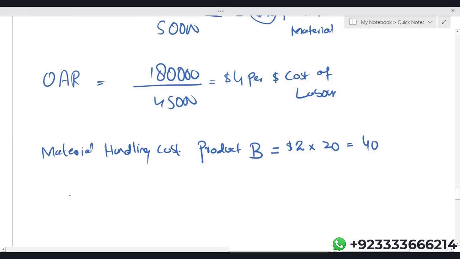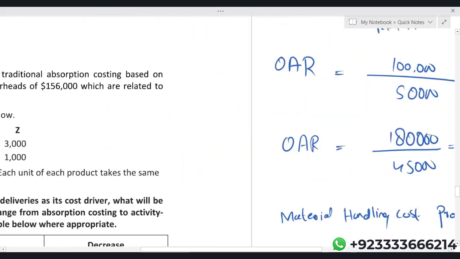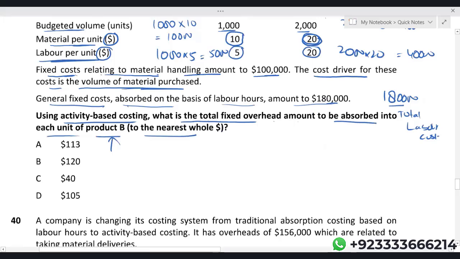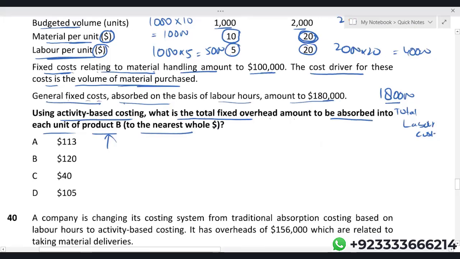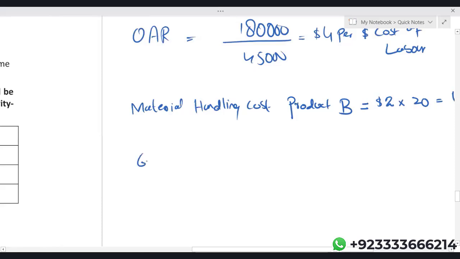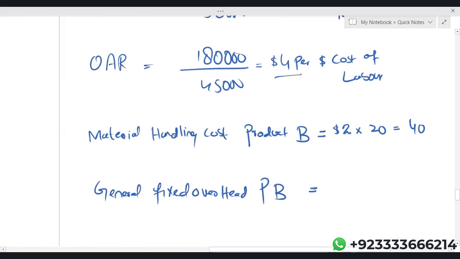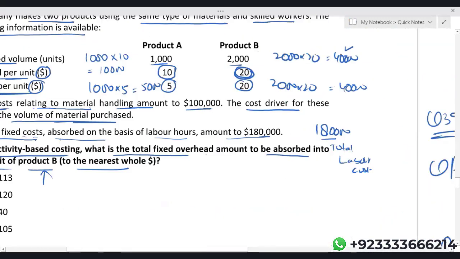Now, the second is general fixed overhead absorbed on the basis of labor cost. The general fixed overhead relating to product B is $4 per $1 of labor cost.